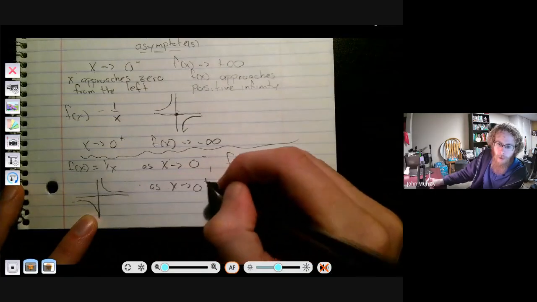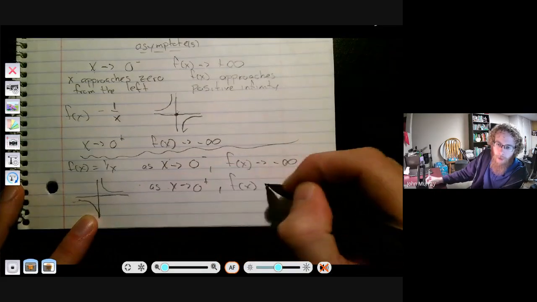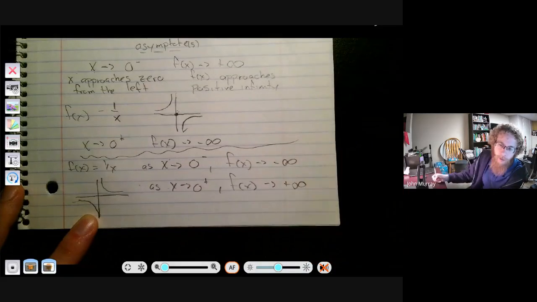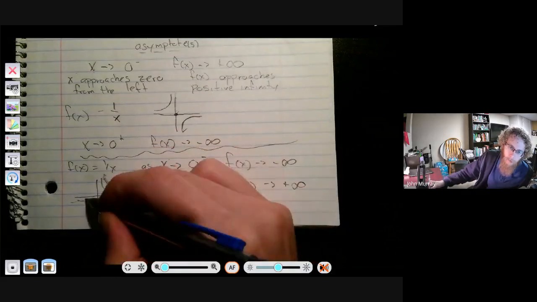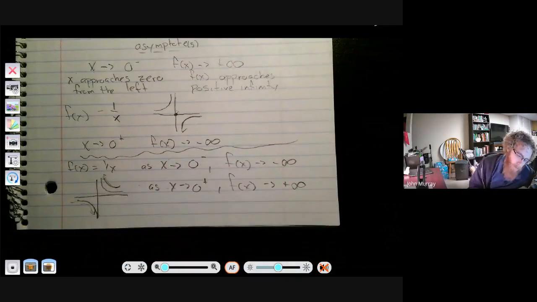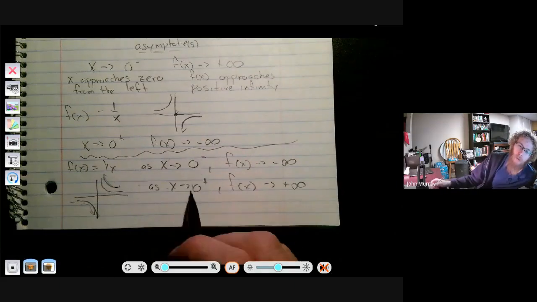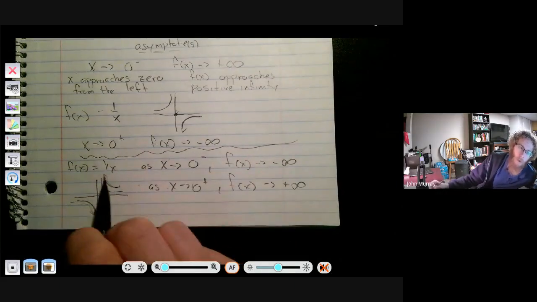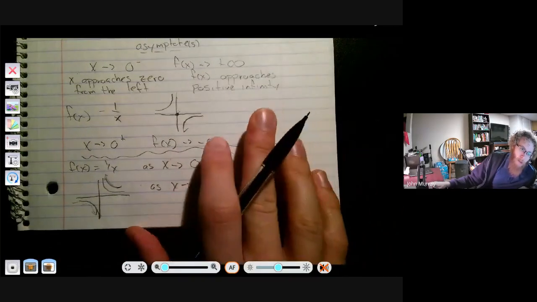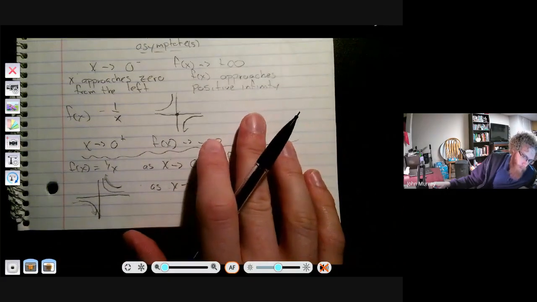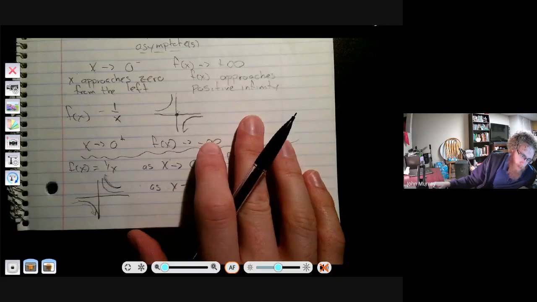As x approaches 0 from the right, my function will approach positive infinity. All right, so where that happens, though, this number might change depending on what our function is.